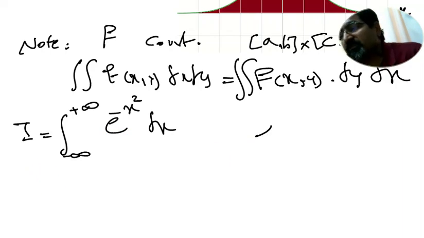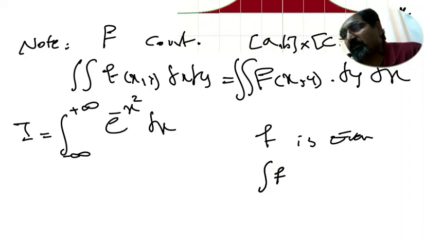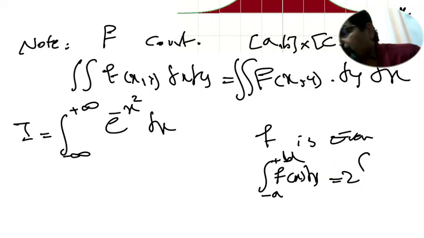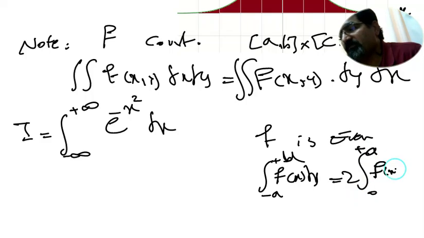If f is even, then the integral of f of x dx from minus a to positive a is 2 multiplied by the integral from 0 to a of f of x dx.